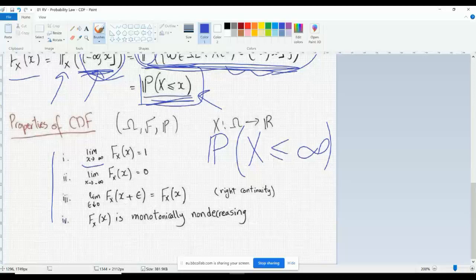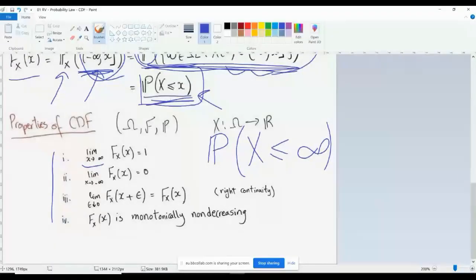Well, it is 1, right? Because for every elementary outcome you assign a real number, something that is actually less than infinity. So this is the intuition. Again, you can rigorously do it using continuity of probability and show that the limit as small x goes to infinity of the CDF is equal to 1.